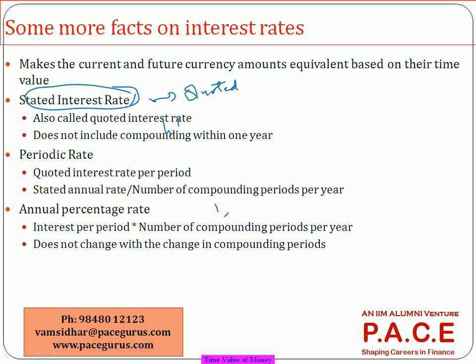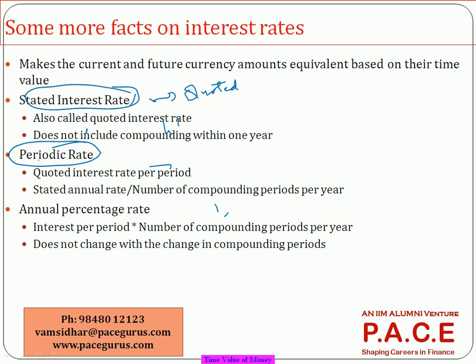And that stated rate or quoted rate, you will always convert into a periodic rate, especially if you are getting questions relating to more frequent compounding, like quarterly or semi-annual compounding.